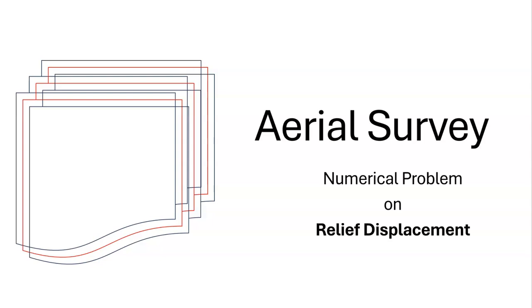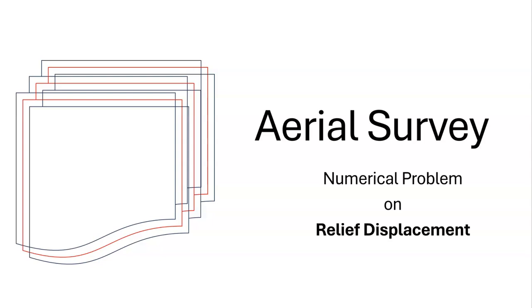Usually, relief displacement is the lateral displacement. It's a kind of shift, actually. It is the displacement in the position of an image on the photograph of a ground object. Generally, this is seen on elevated objects like a factory chimney or tower.